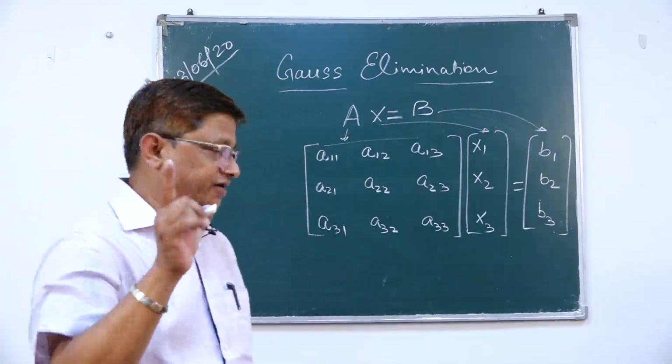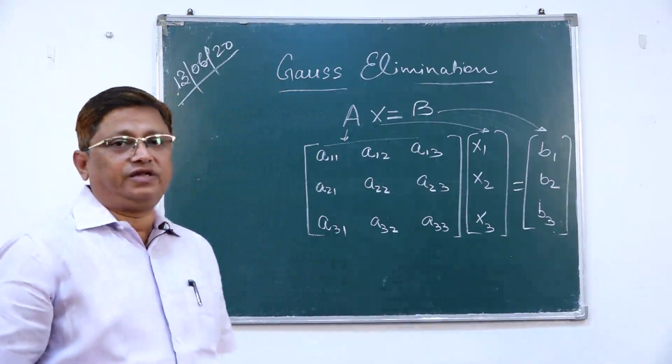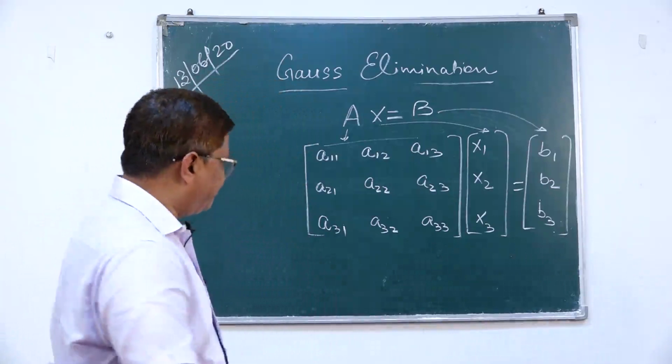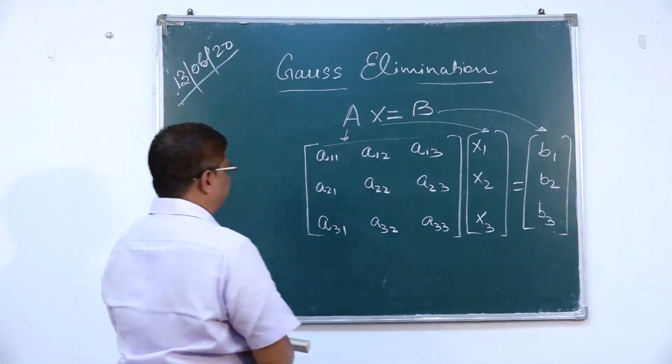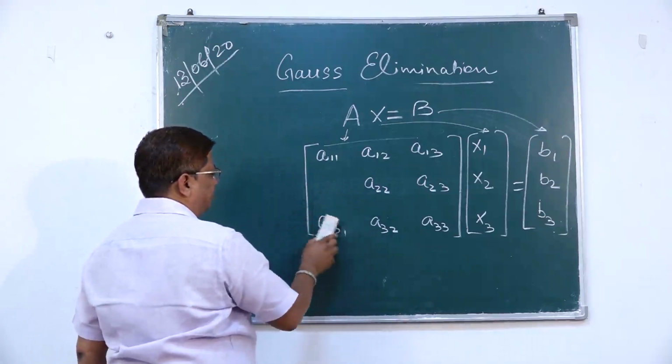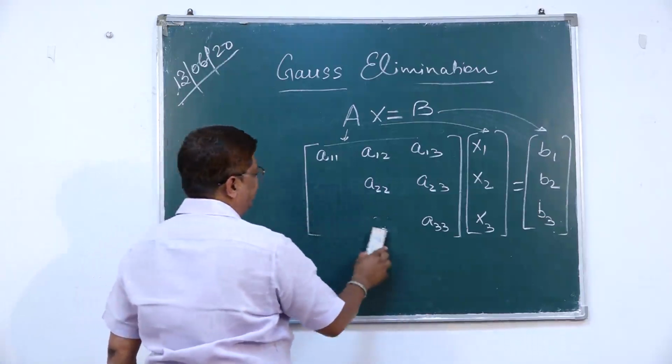This is one of the very important aspects. We find the unknowns by the method of Gauss elimination. According to the method, we eliminate the terms a21, a31 and a32.